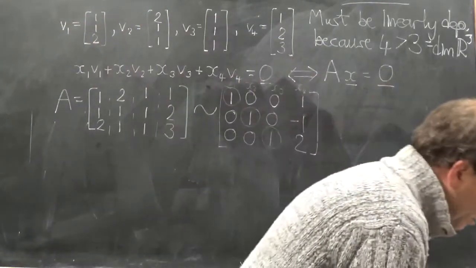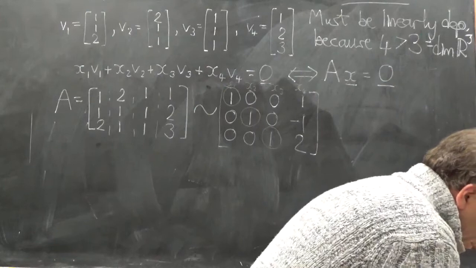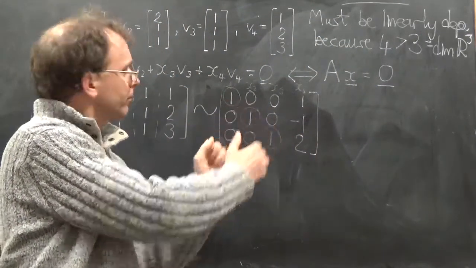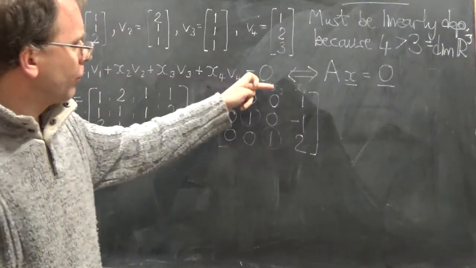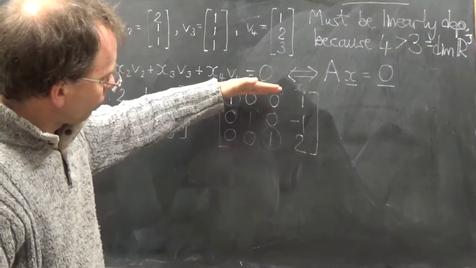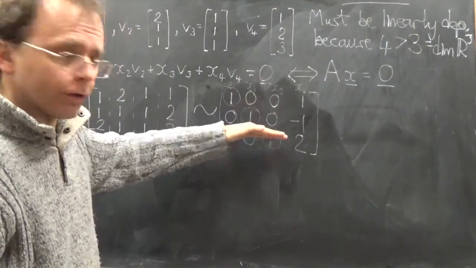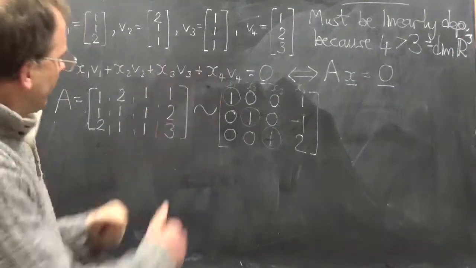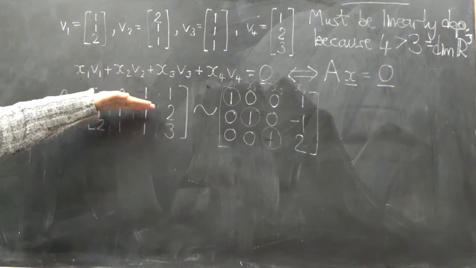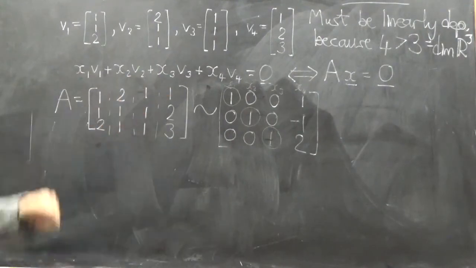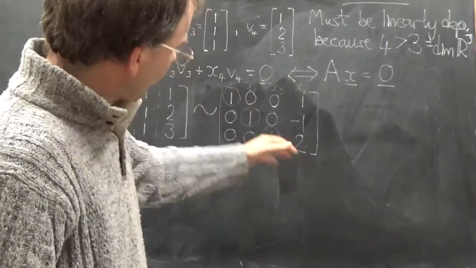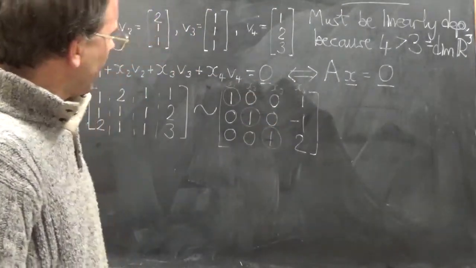The important point is, these two matrices have the same null space. Any x1, x2, x3 and x4 satisfying the system of linear equations corresponding to these rows of coefficients is the same as those satisfying the linear equations corresponding to these rows. They're equivalent systems of linear equations, but these ones are very much easier to solve.